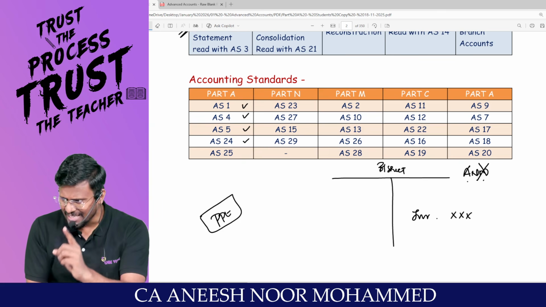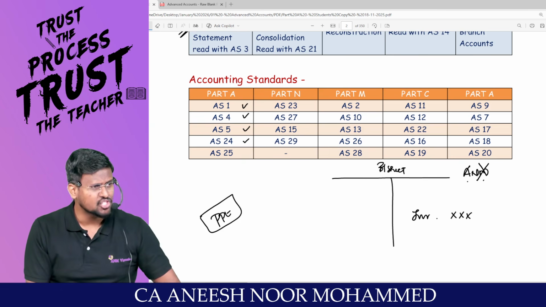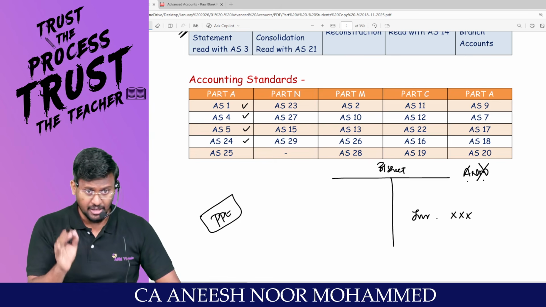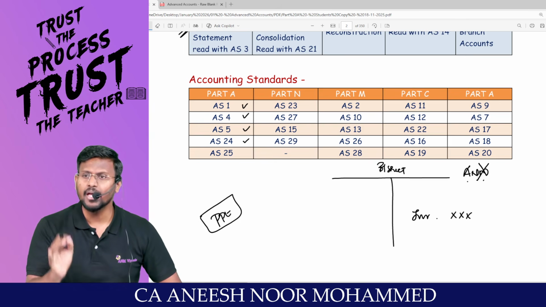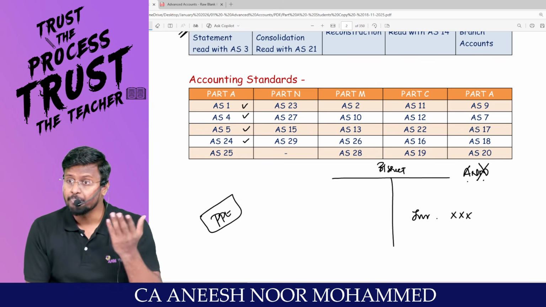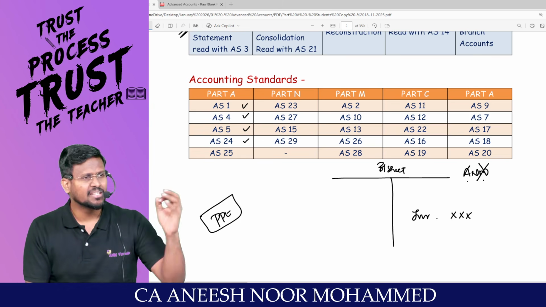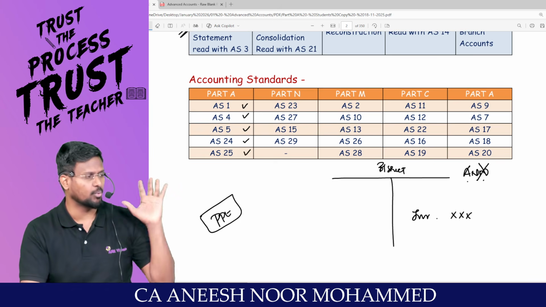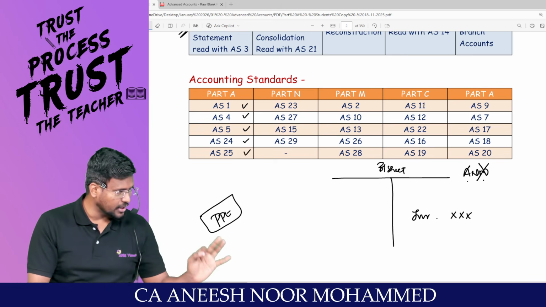If that is the case, such a financial statement is called interim financial reporting. How to prepare and present interim financial reporting is what AS25 is all about.